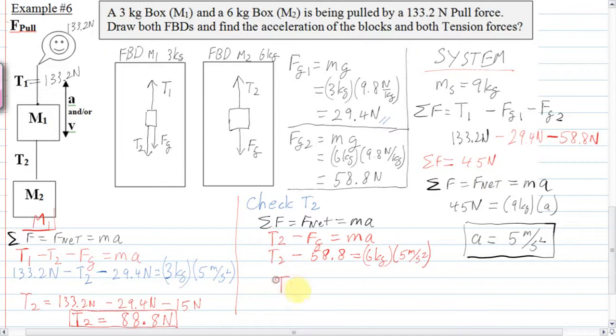So T2 is going to equal 58.8 plus the 30. So T2 does equal 88.8 again. I'll cloud it around. A couple check boxes. A nice smiley face, and oh yeah.